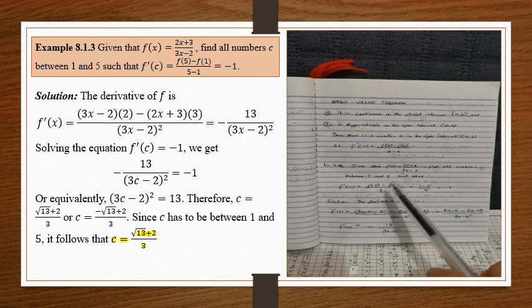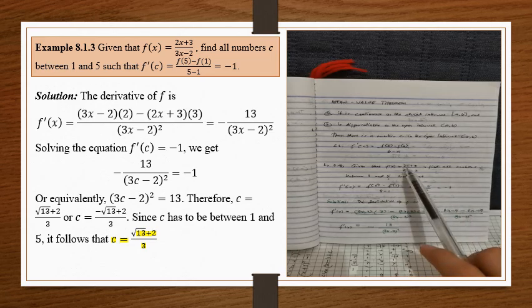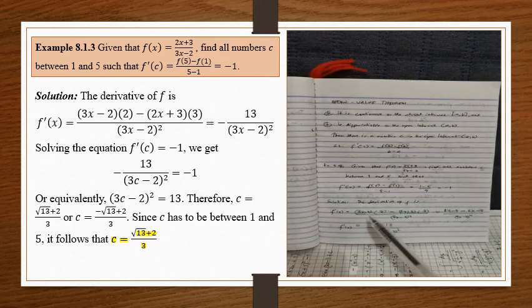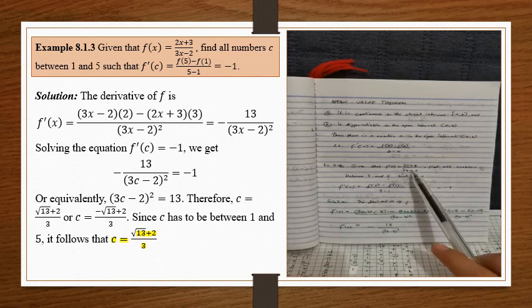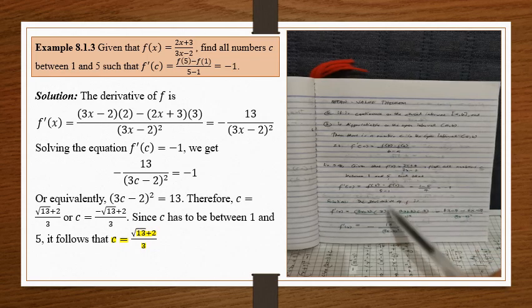Okay? So, before we find all numbers c, we need to differentiate our function. The derivative of this uses the quotient rule. So, the quotient rule is v of x times the derivative of u of x minus u of x times the derivative of v of x, over v of x quantity squared, in the denominator.